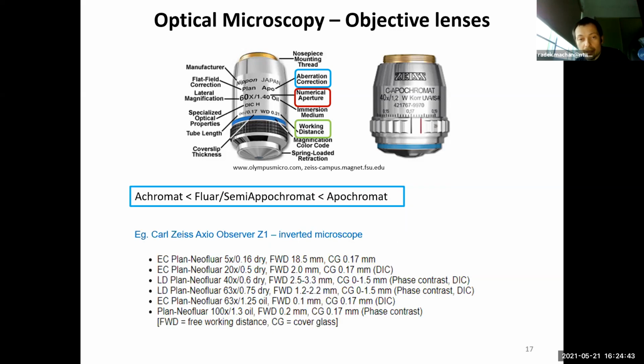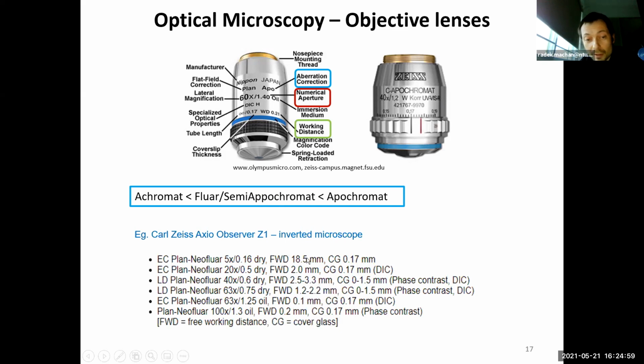Okay, here I wanted to show you examples of a few objectives on one of the microscopes. Here you see the working distances.